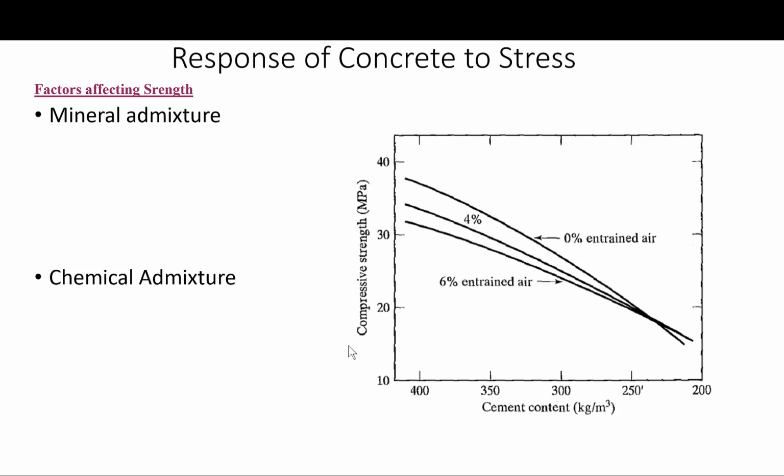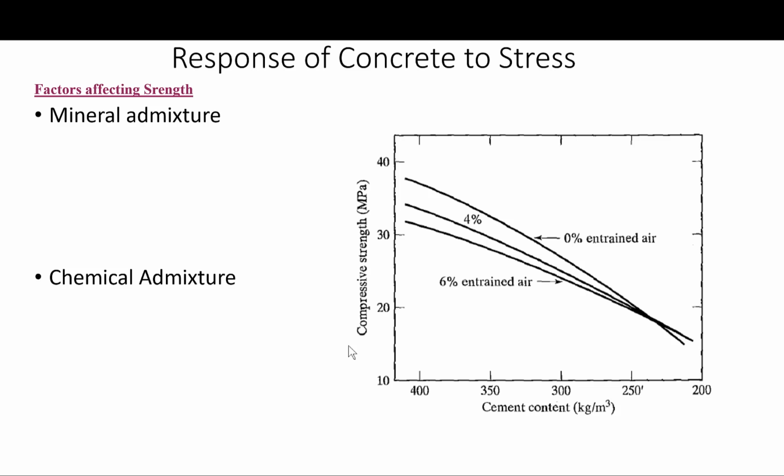Also, mineral admixtures impact strength, as we can see. The use of mineral admixtures results in a modification of the structure of the hardened cement paste and may result in changes within the interfacial zone. If you remember, we talked about silica fume and its impact.